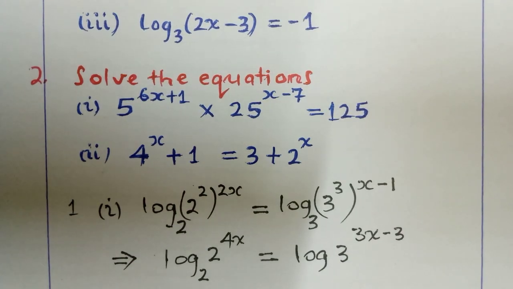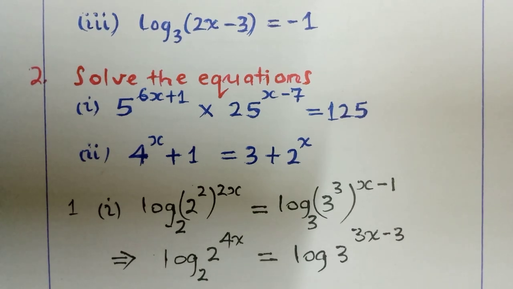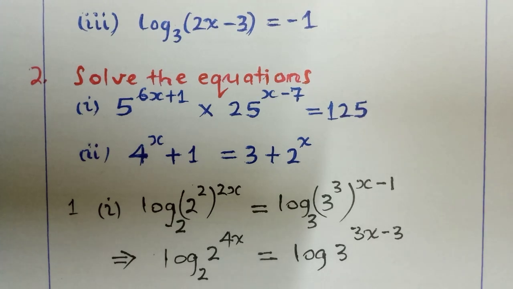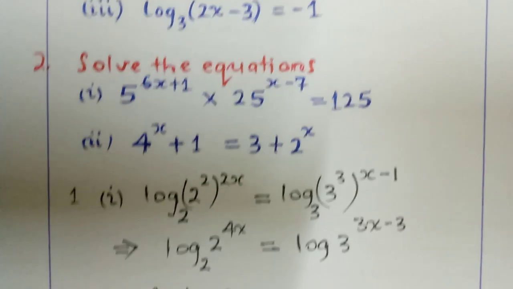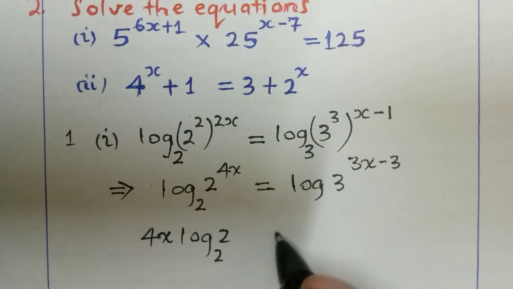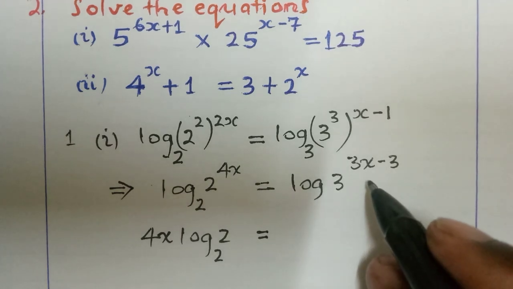From there, we can transfer 4x from this position to the front position, which is okay according to the laws of logarithm. So we write 4x there, and here I write log 2 to base 2. You can see now I can eliminate log 2 to base 2. This is now equal to, I also do the same to this.